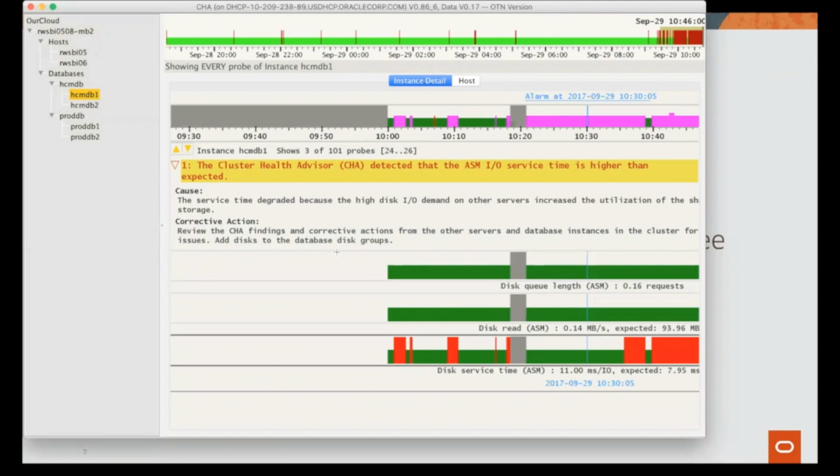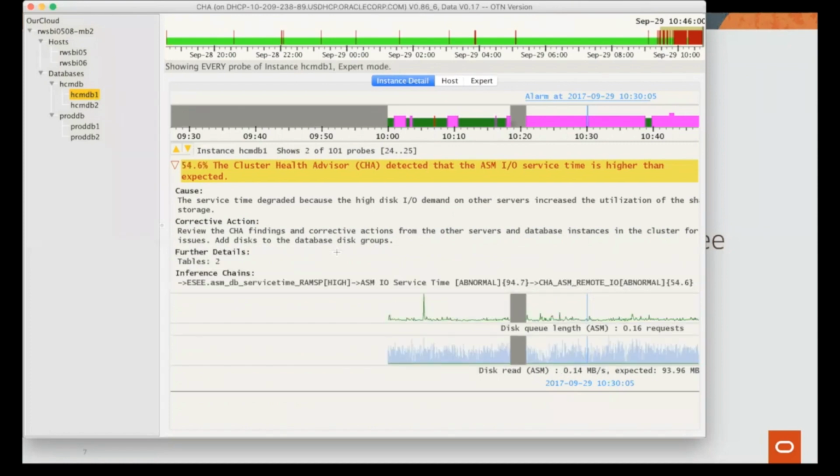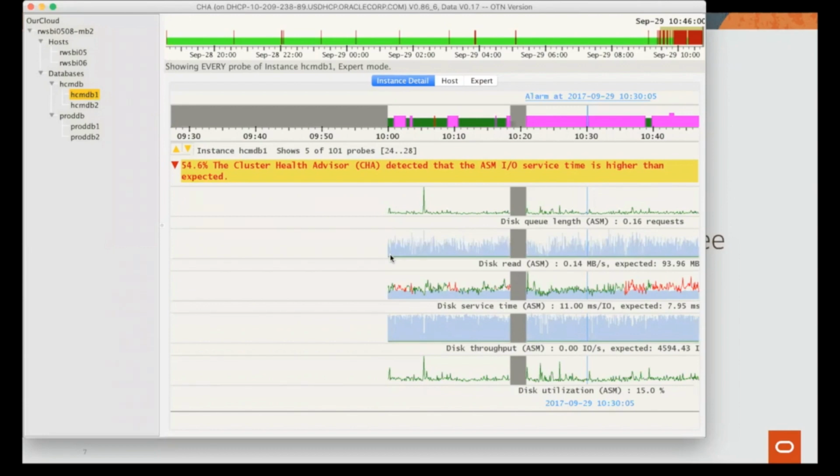By the way, could you press E? See, here we have a different way to present that with E. You also have to scroll down. I think we lost it because of a different scale. That's still fine. There we go. So this is the service time we were talking about. You see, we measured a service time of 11 milliseconds per I/O, and at that time the expected value was 7.95.